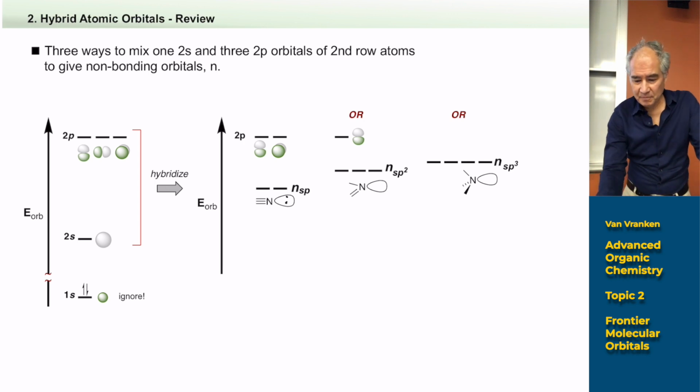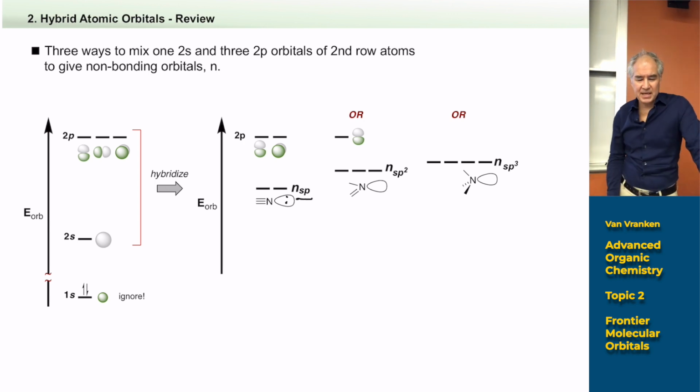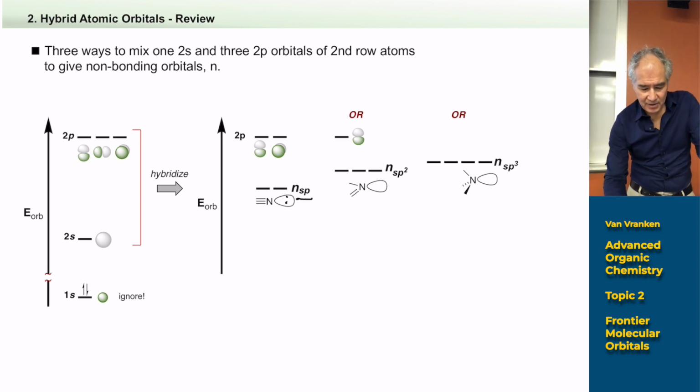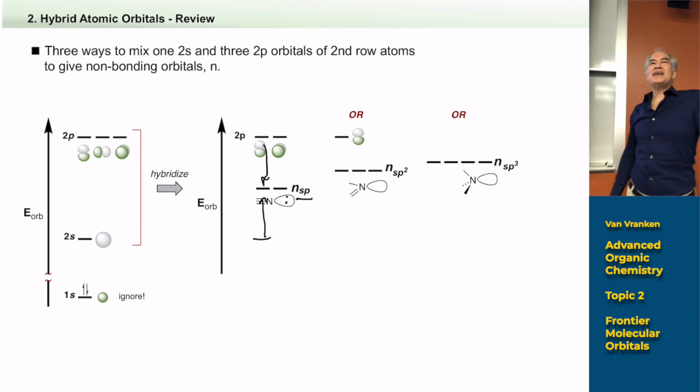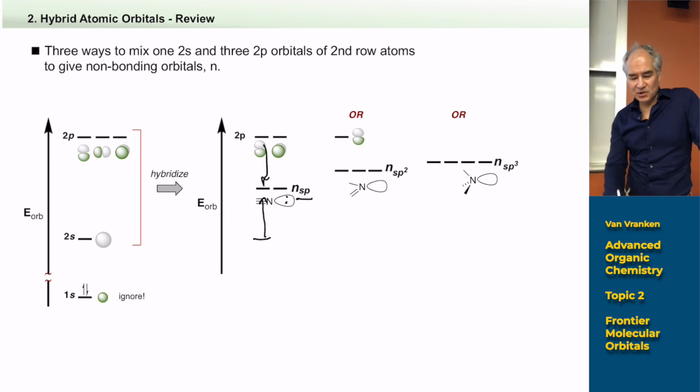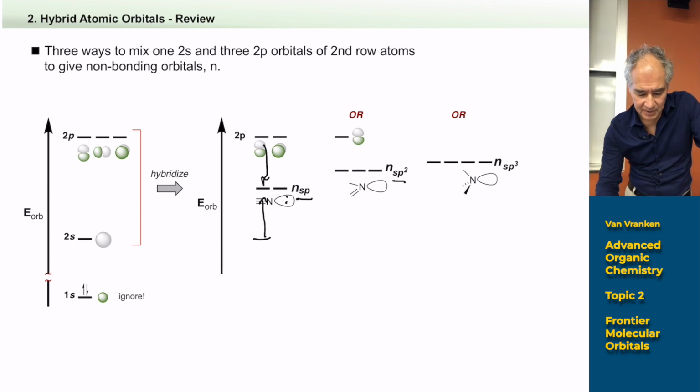What's the percent p character in this sp orbital? Notice how I was so clever to draw it halfway between the s and the p, because it's 50% s, 50% p. But when I switch over here to an sp2, what's the percentage of p character?